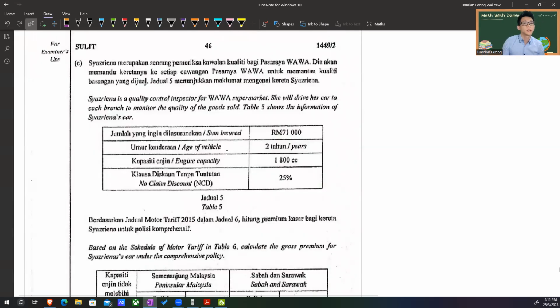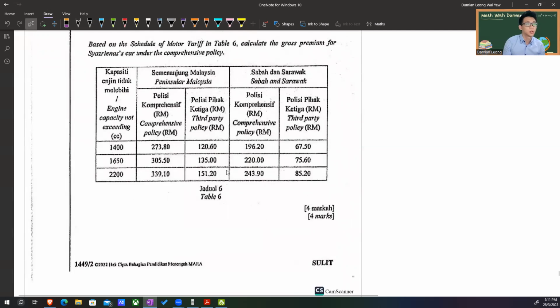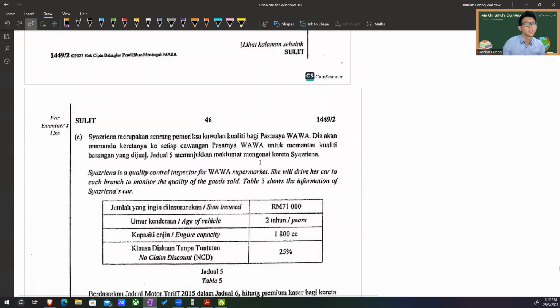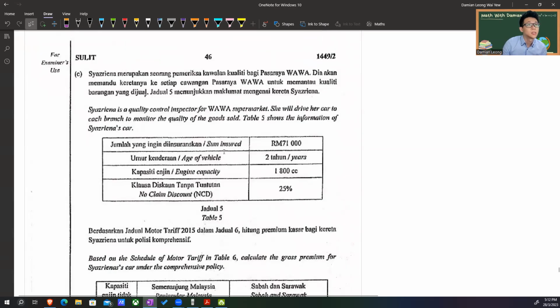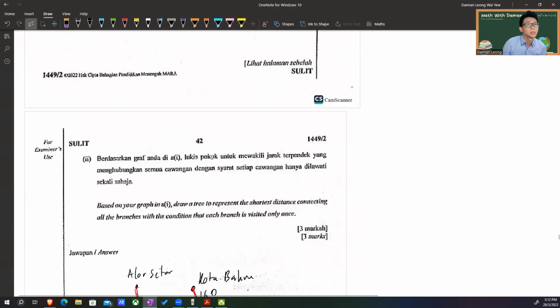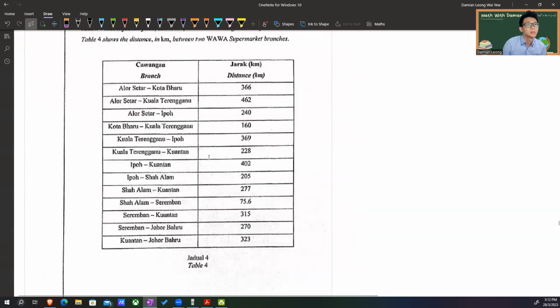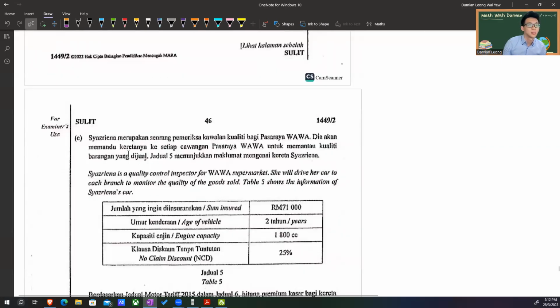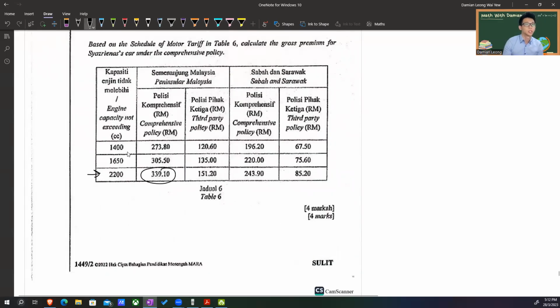Her car is 1,800cc, so not exceeding 2,200. So comprehensive policy means this, or this, based on where she is. It is based on just now, which is basically all the branches is in Peninsular Malaysia. So this value.